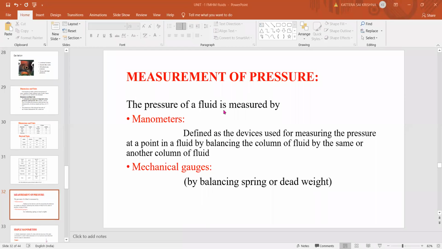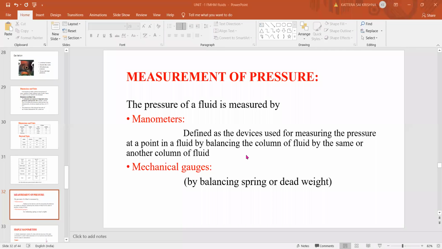So first, what is a manometer? We need to know. It is defined as the device which is used for measuring the pressure at a point in the fluid by balancing the column of fluid. The column of fluid means, in a manometer, you are seeing the mercury heights. The height of the fluid in those tubes is called the column. So balancing the column of the fluid by the same or another column of fluid, right?